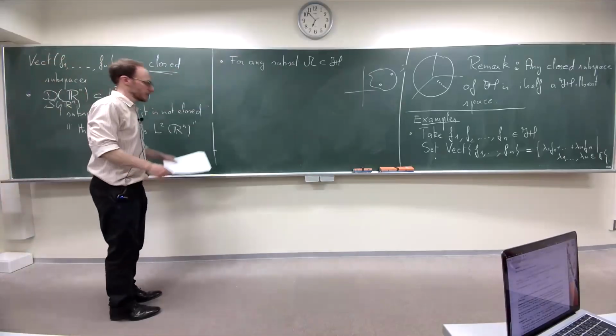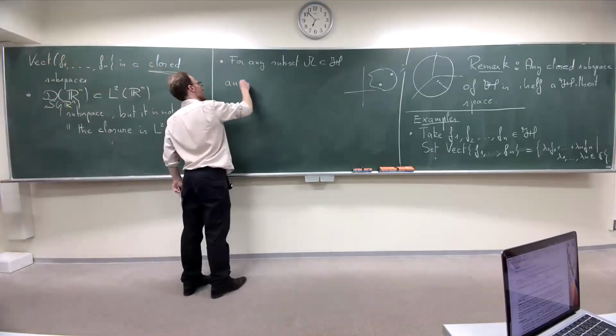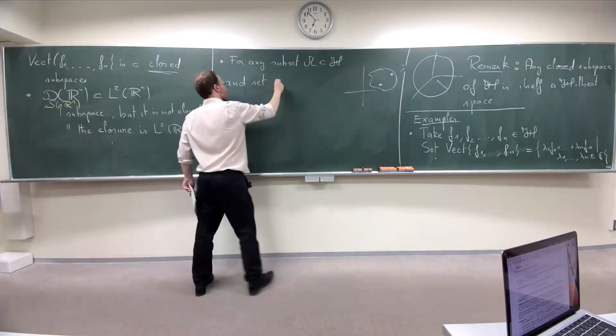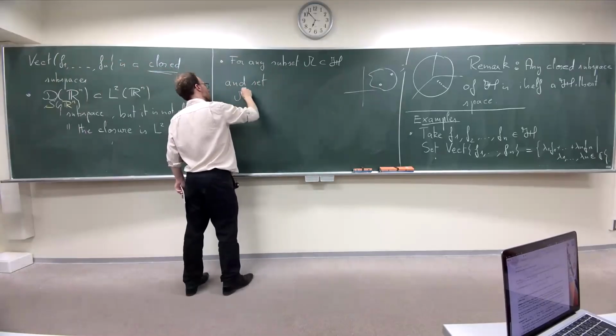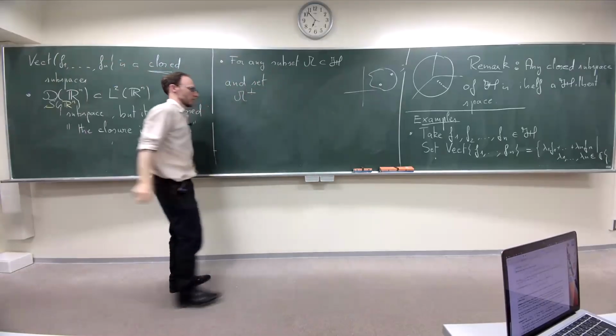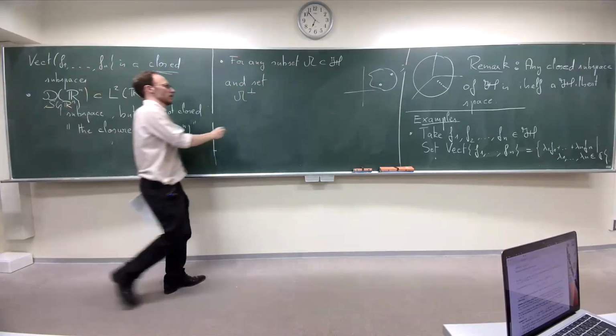So take any subset M and set, what is M orthogonal. So I need to define it.